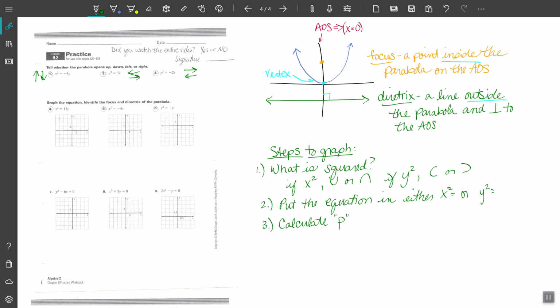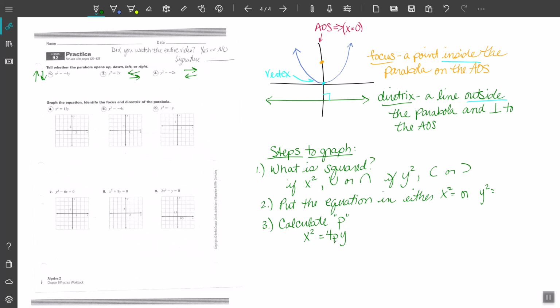We're going to have two equations that we use based on whether we have an x squared or a y squared, but they're very similar. And this is another form of these equations when we're talking about standard form. If your x is the squared term, then the other form that we can write it in is x squared equals 4py.